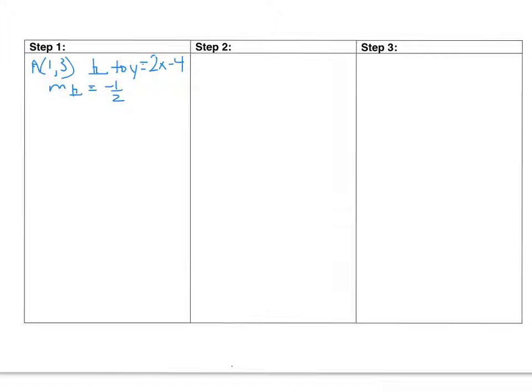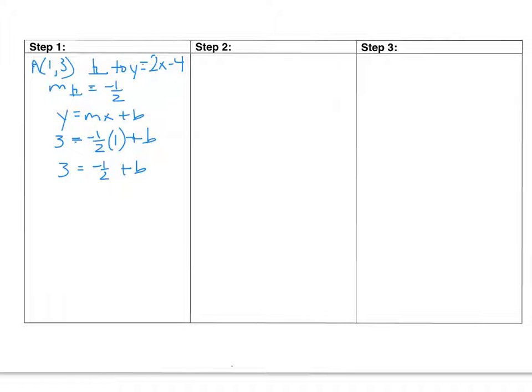If we put that into y = mx + b, our m is negative 1/2, and then we can take the y from our coordinate point A, which is 3, and the x from our coordinate A, which is 1, and solve for b. So 3 = -1/2 + b.